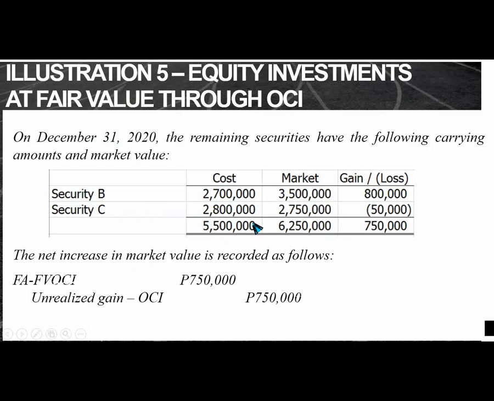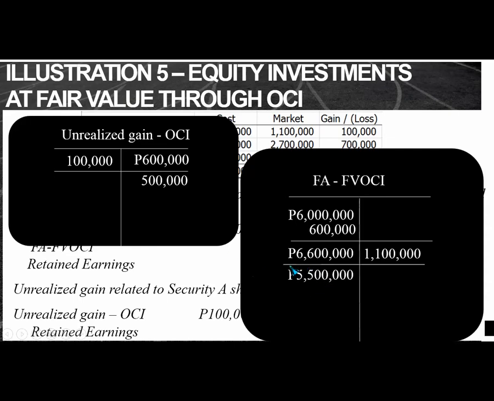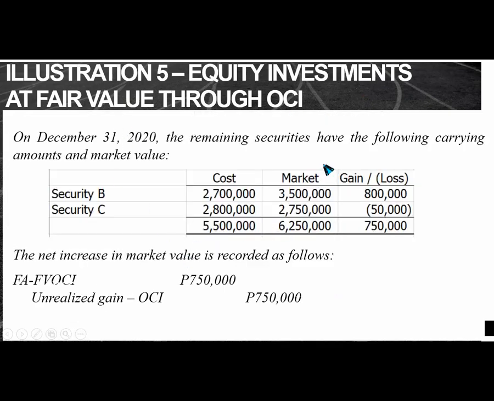So you have a total cost of 5.1, which is actually equal to what we reported earlier in the T account, this 5.5 million. Then our market value is 6,250,000. So there's an increase of 750,000.